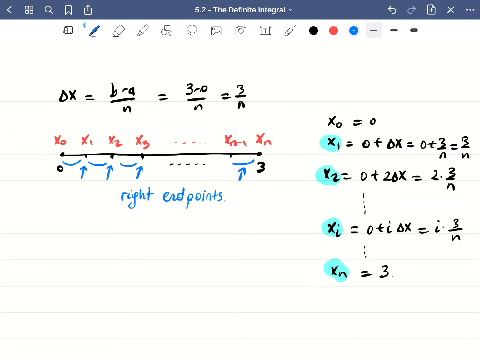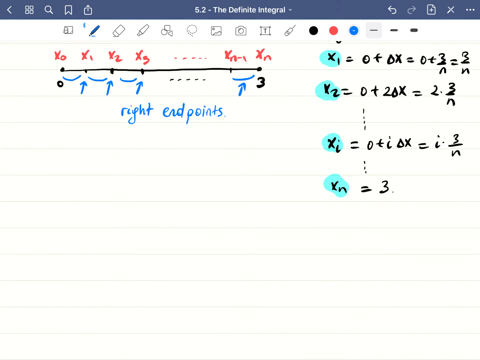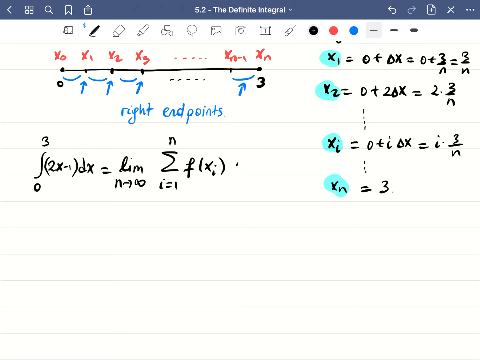So now let's construct the Riemann sum. According to the definition of the definite integral, the definite integral from 0 to 3 of 2x minus 1 dx is the limit as n goes to infinity of the sum i from 1 to n. I'm going to use the right endpoints, so the xi stars are just xi, times delta x.